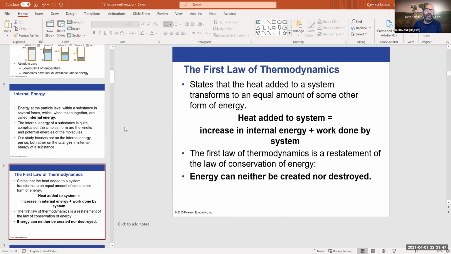Temperature is actually how much internal energy you have. Temperature is how fast the different particles are moving inside that system. So the fact that your temperature is going up because you're adding heat to it means that, in this case, the internal energy is increasing. So where is that energy coming from?